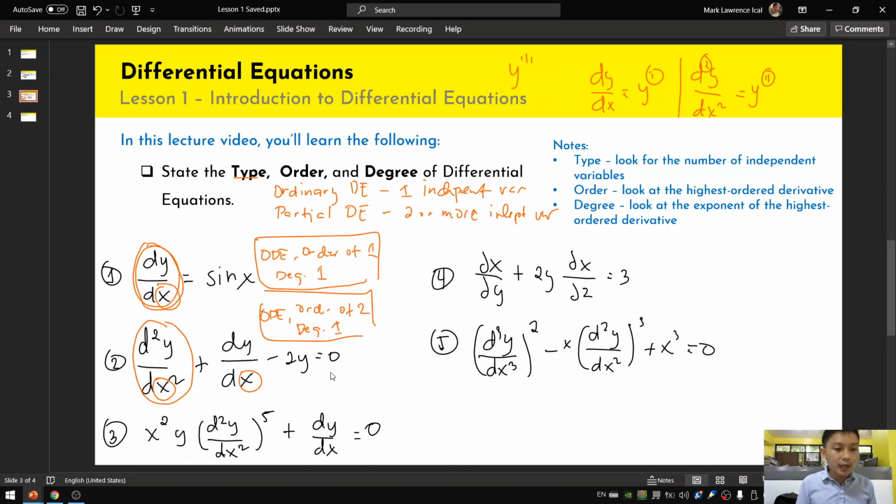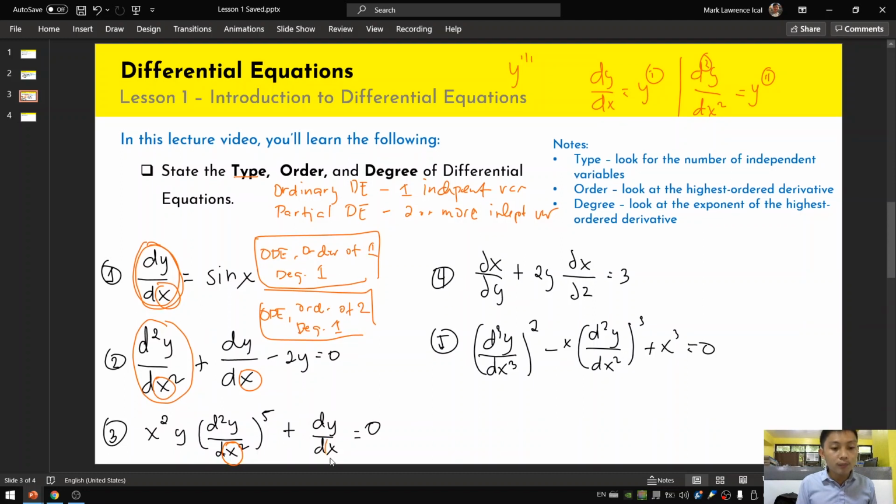So, we see here that this is a lot more complex. Now, what is this? Looking at the independent variable, we still only have 1, so x. So, this is an ODE. As for the order, again, looking at the highest order derivative, we have d squared y over dx squared.